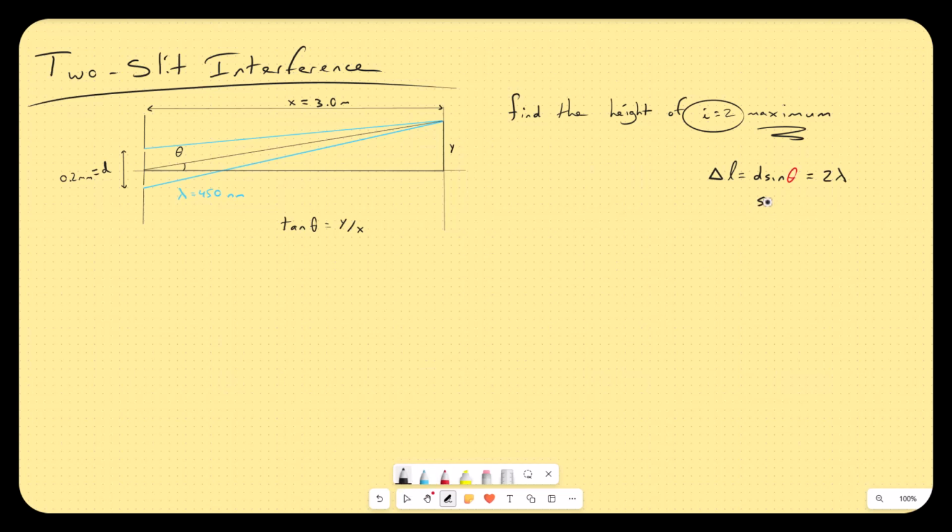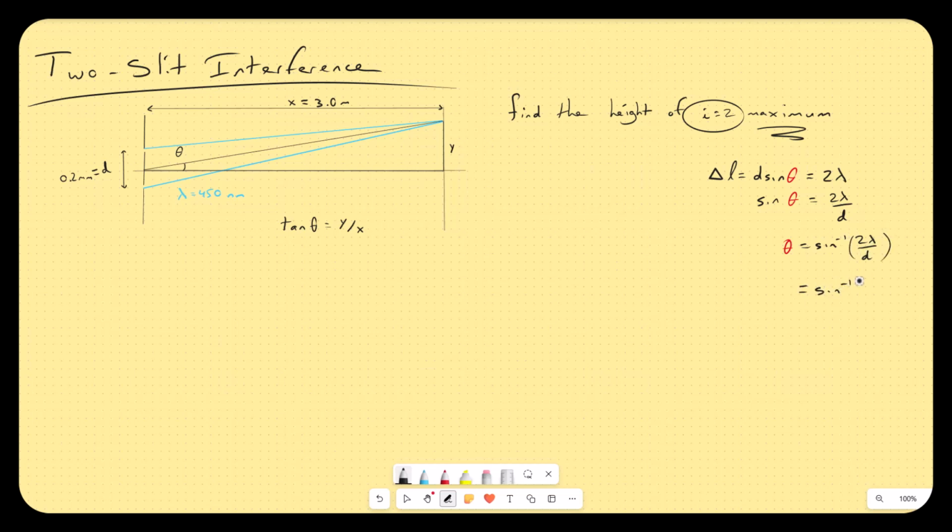I know sine theta is going to be equal to 2 lambda over d. So theta is the inverse sine of 2 lambda over d, and I can plug in.